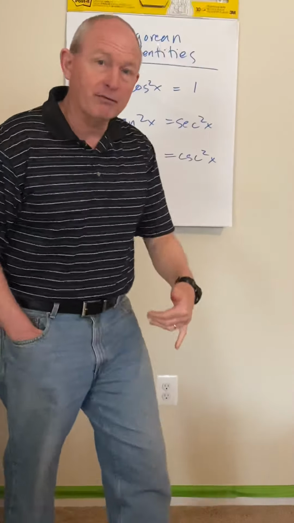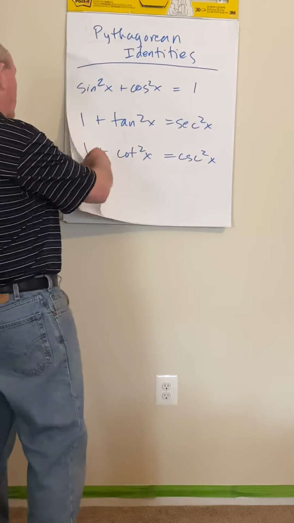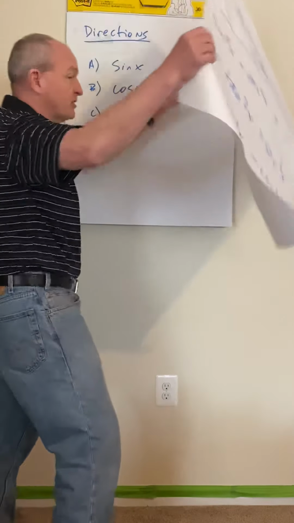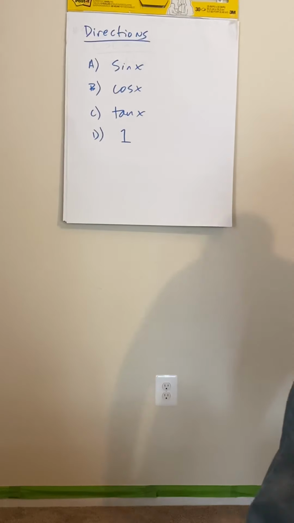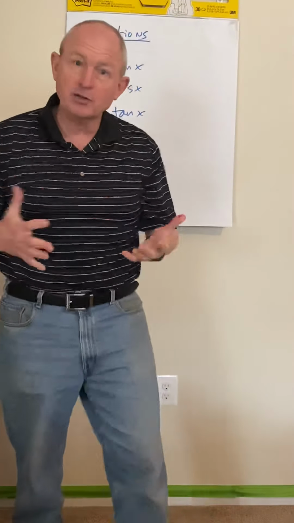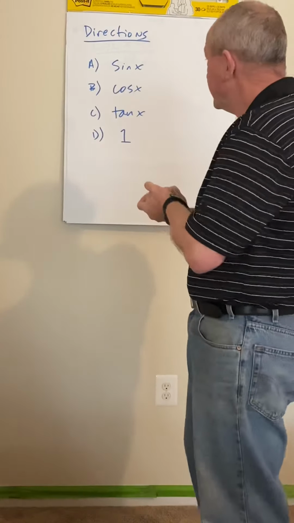So we're going to start off by remembering the directions for this worksheet. It wants us to take each of the expressions on the worksheet and work them out, do legal math stuff to them until we get either A, sine of x, B, cosine of x, C, tangent of x, or D, 1.